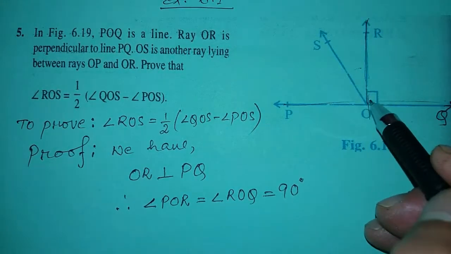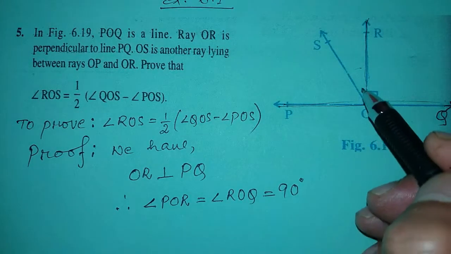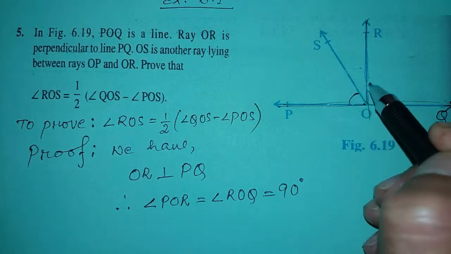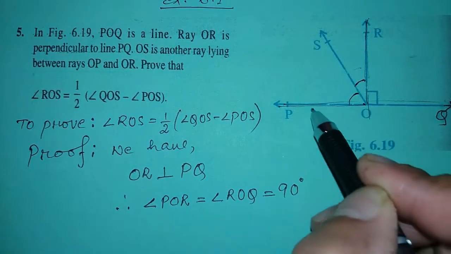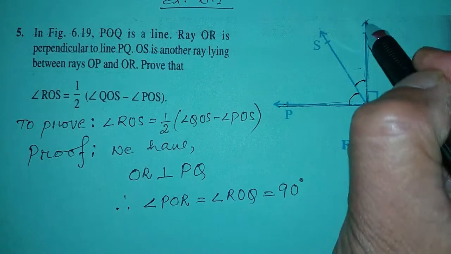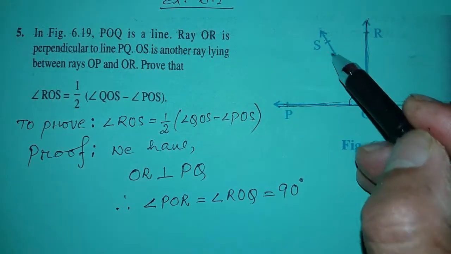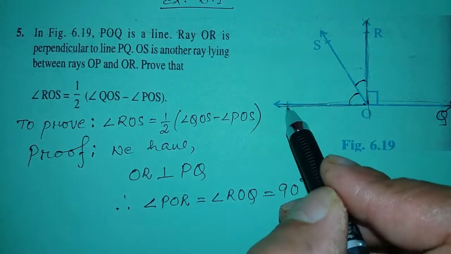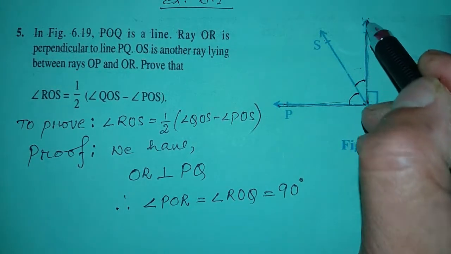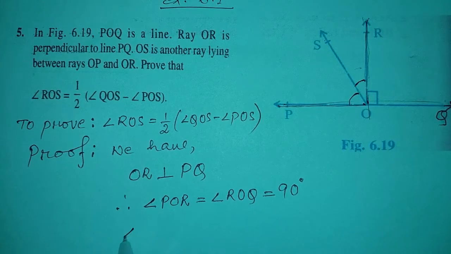Now here, if we add these two smaller angles, then we will get this big angle. So angle POS plus angle SOR will give us angle POR.